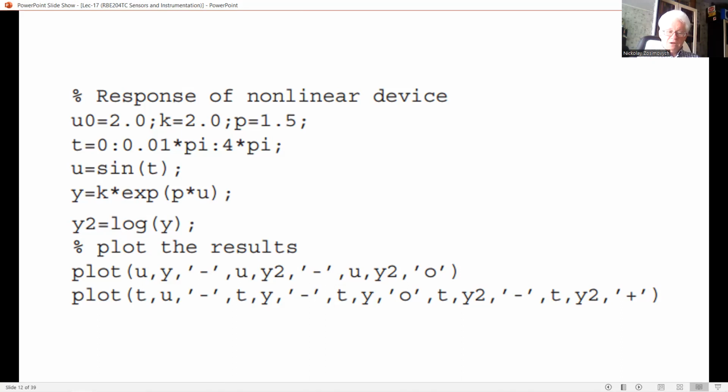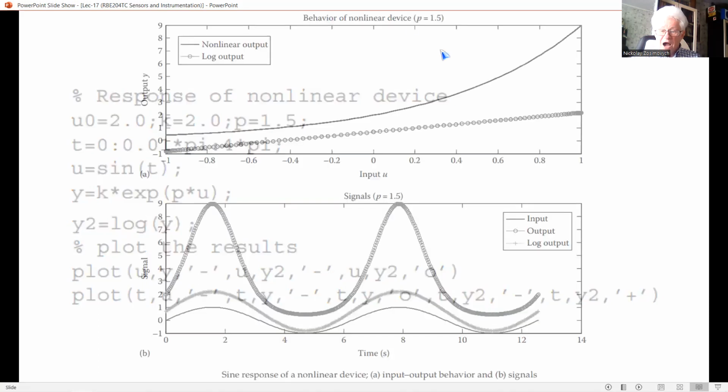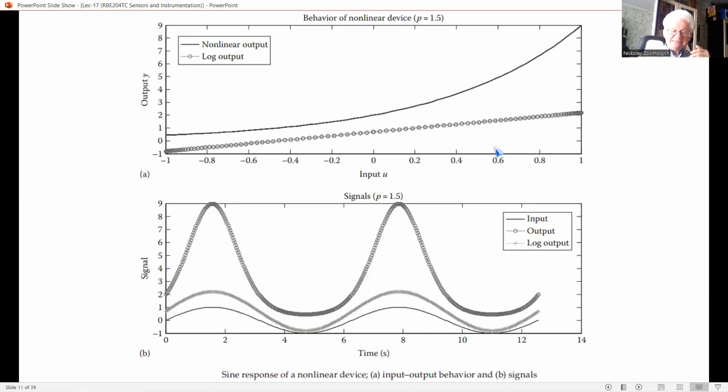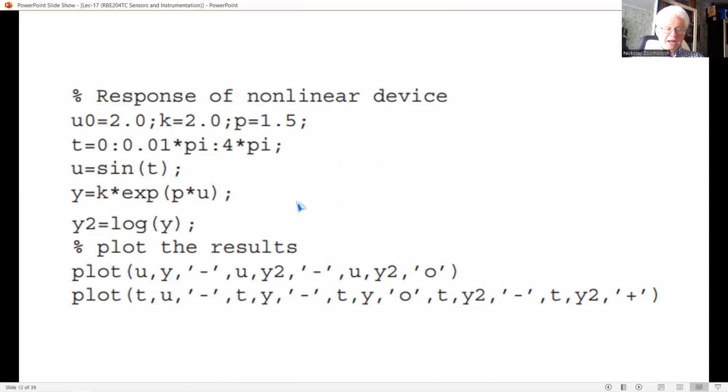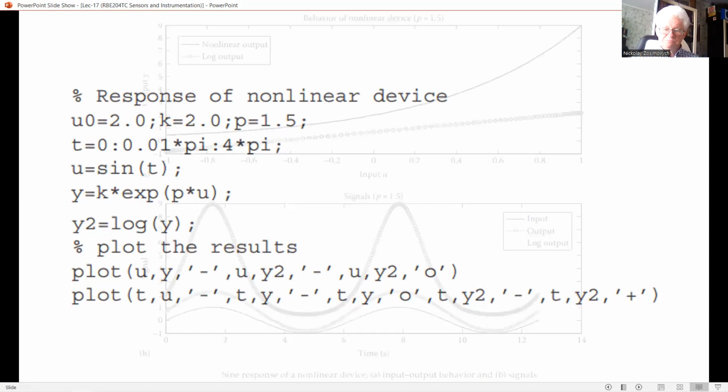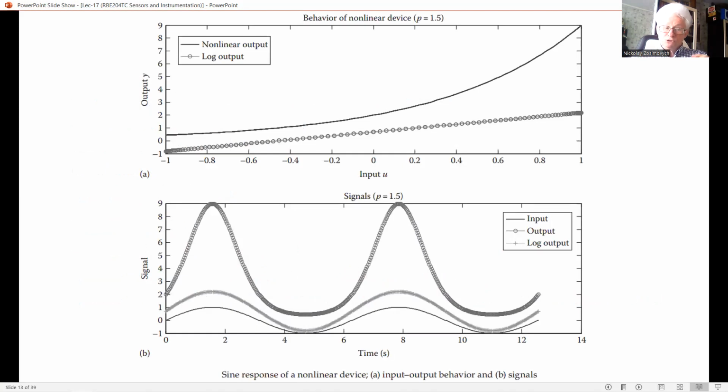And furthermore, with the logarithm output shown in the upper figure, we can extract the two parameters p and k from the slope and the y-intercept of the linear curve. Specifically, p or slope equals 3/2, which gives us 1.5, and logarithm k equals 0.7, which gives us k equals 2.